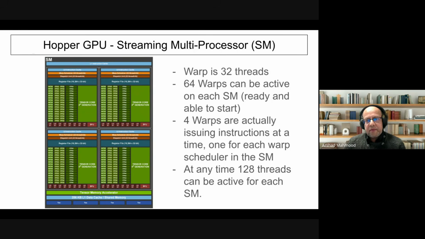Each warp has 32 threads actually operating. At any moment in time, you can have 32 threads running on the top left unit, 32 on this one, 32 on this one. So 4 times 32: at any point there could be 128 threads running on a streaming multiprocessor, and you've got 130 or so of those. So there are quite a lot of threads running.